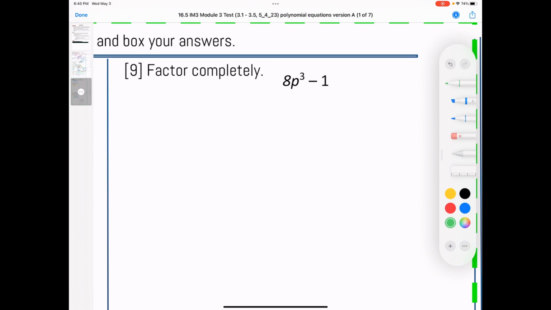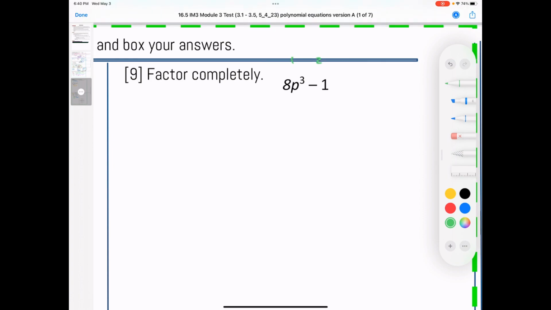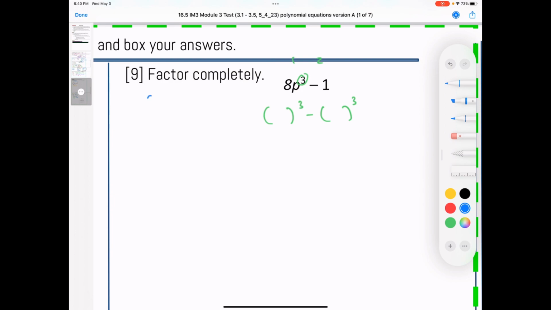All right, factor completely. You'll notice you have 2 terms. You're missing a term, so if you notice I have 2 terms, you can't add like a 0p in this one. This one is a cubic. So 8p to the third.